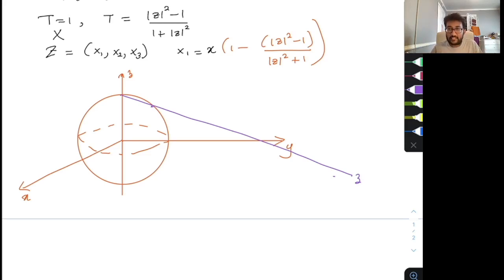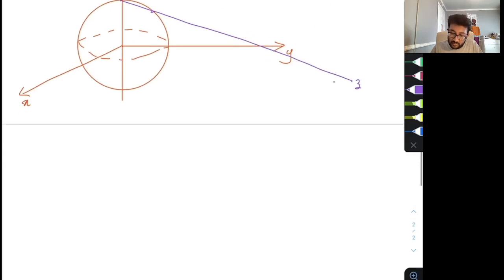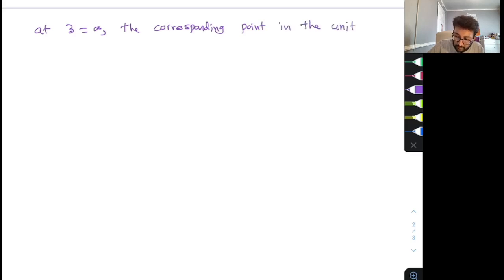So that is the interesting fact here, right? I will mention that part: at z equals infinity, the corresponding point in the unit sphere will be the North Pole.